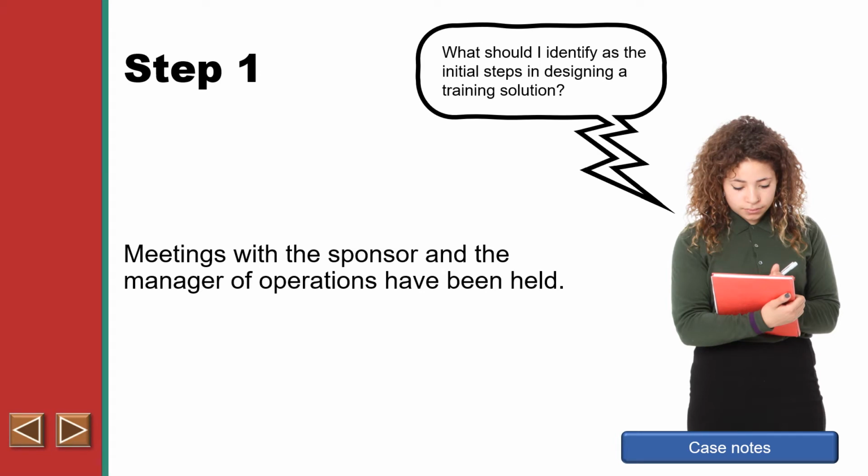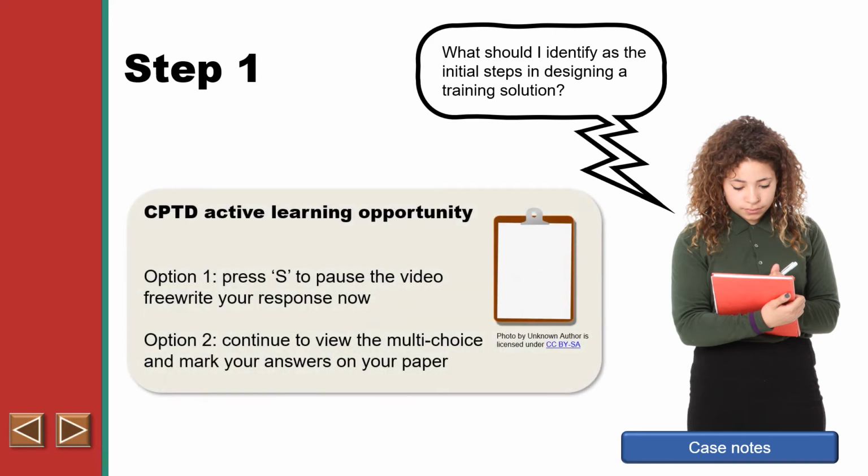Step 1. The meetings with the sponsor and manager of operations have been held. What should I identify as the initial steps in designing a training solution? As a learning opportunity, every step that we go through, you could stop here and pause the video and free write what you would do.